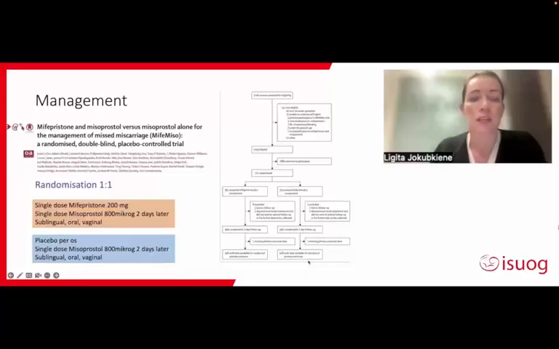Randomization was 1-to-1, and in the first group, women received mifepristone and thereafter a single dose of misoprostol, sublingual, oral, or vaginal. In the second arm, it was a placebo instead of mifepristone, and also the misoprostol that was administered 2 days later.